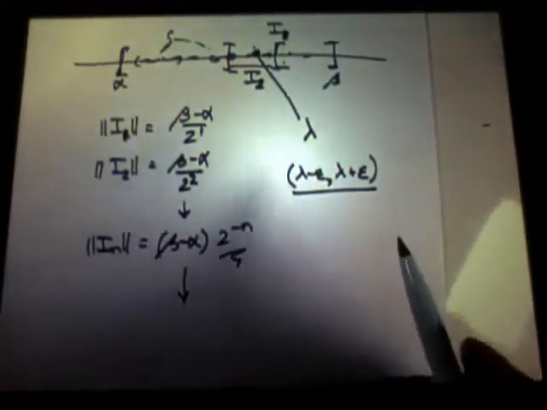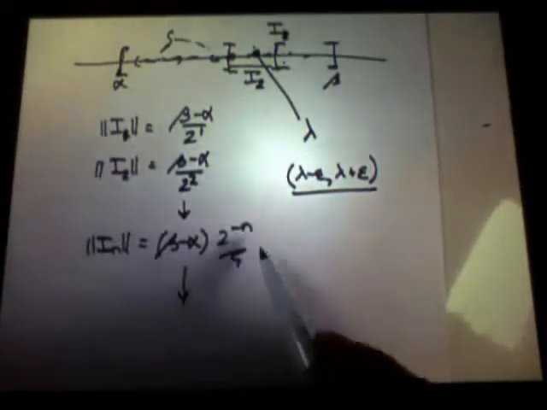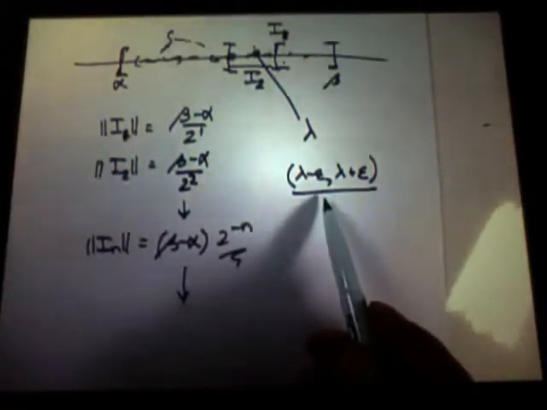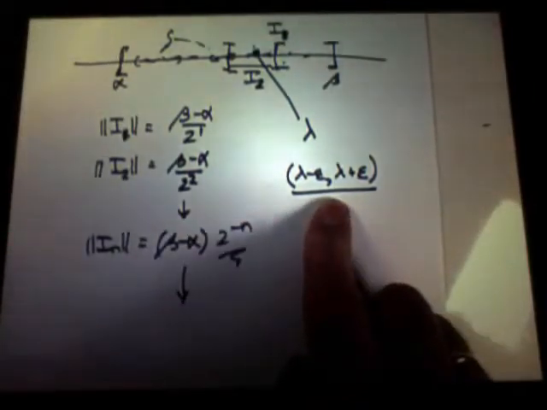All I have to do is let n be big enough so that 1 over 2 to the n is smaller than epsilon, and then my I sub n gets inside this guy.